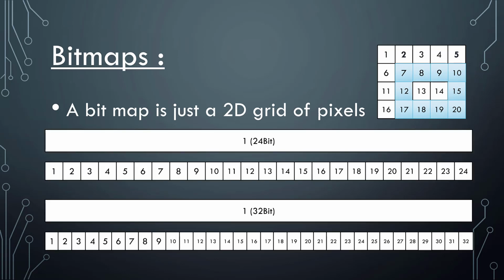Now, what's a pixel? A pixel is some color, but is generally represented as just a collection of bits. Unfortunately, there isn't one standard way to represent it. Different platforms, different APIs, different file formats can represent a pixel in different ways.